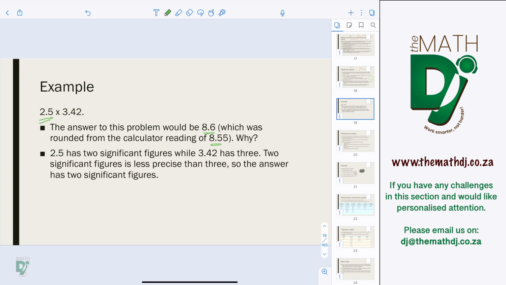So your answer should be to the nearest one decimal place, which is 8.6. 2.5 has two significant figures, while 3.42 has 3. The two significant figures is less precise than 3, so the answer is two significant figures. That's another way of saying the same thing.